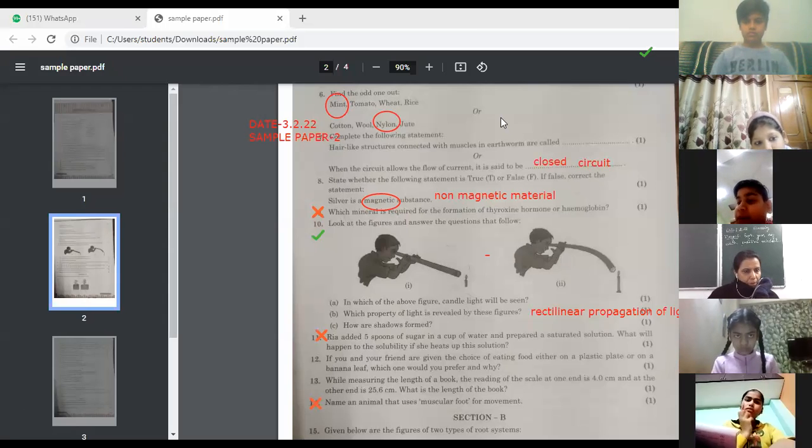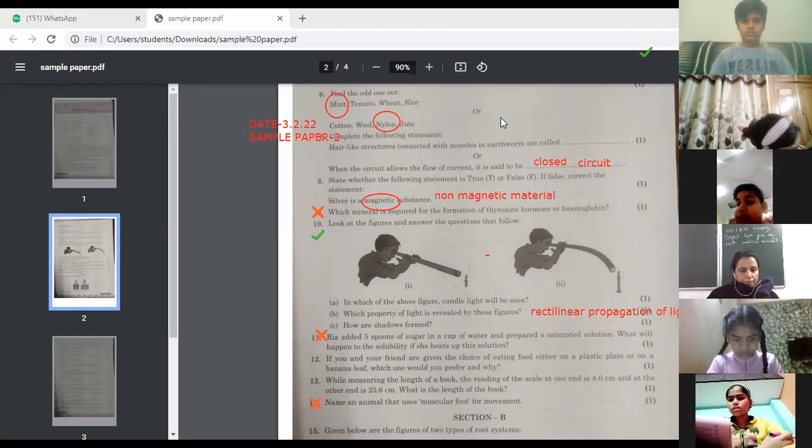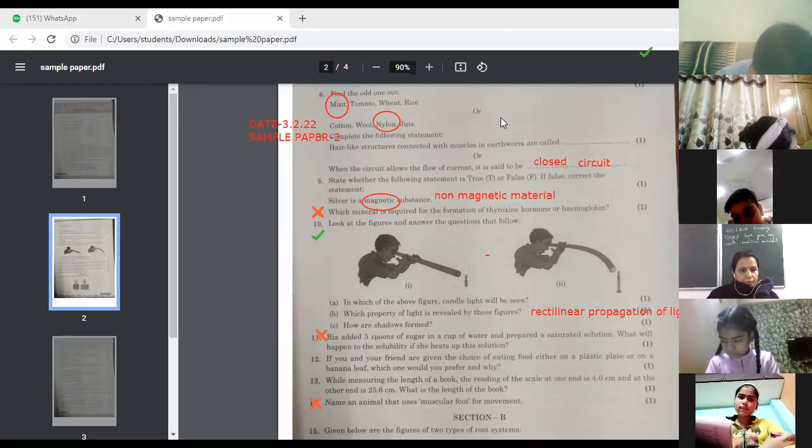Select banana leaf platter because it can be easily converted into manure by composting. Plastic plate can be recycled, but in the process it gives out harmful gases which pollute the environment. Plastic items cannot be converted into manure by composting.